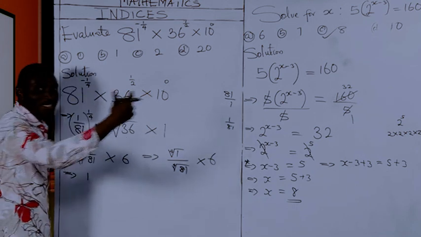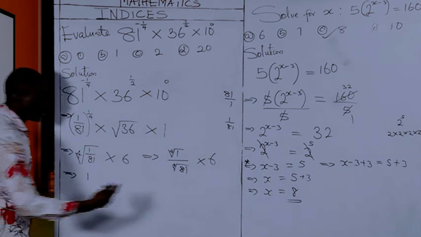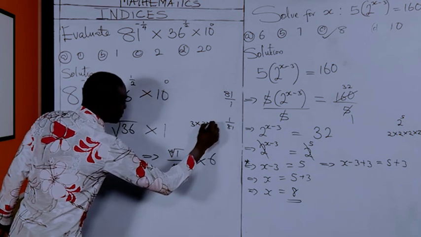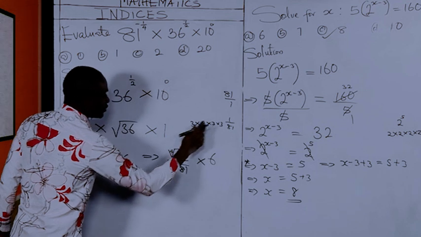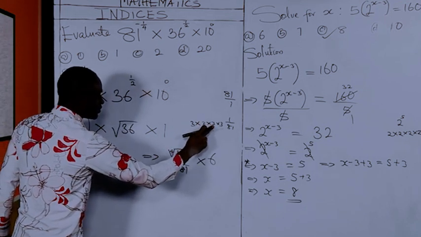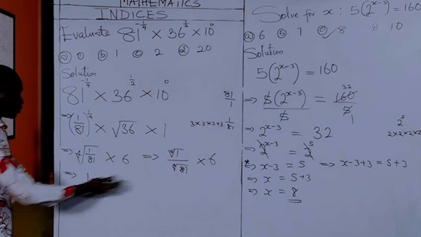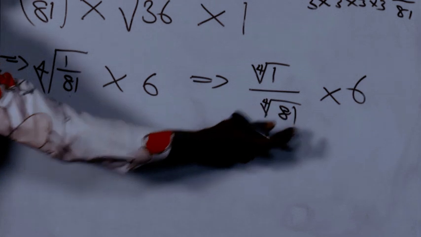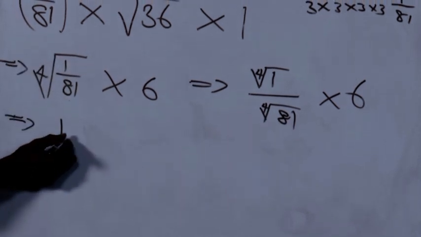And 27 times 3 will give us 81. 3 multiplied by 3, multiplied by 3, multiplied by 3: 1, 2, 3, 4. So it means 4th root of 81 is 3.